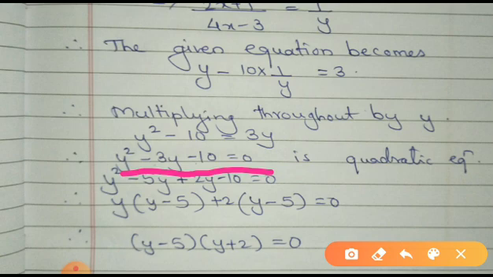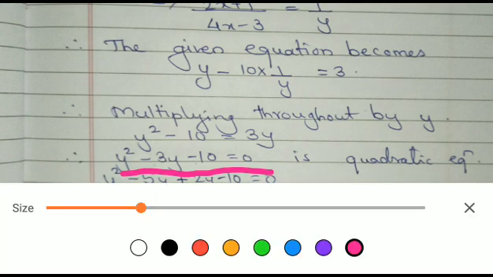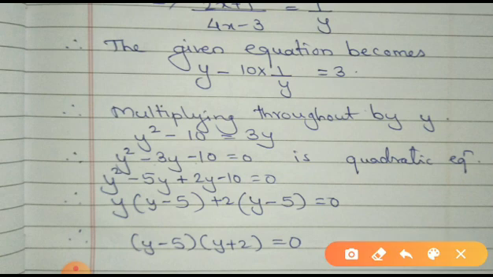No other method should be used. So in this, what is the product? Product is AC, that is 1 into minus 10, that is minus 10. And what is the sum? That is nothing but the coefficient of y. So sum is minus 3 and product is minus 10.